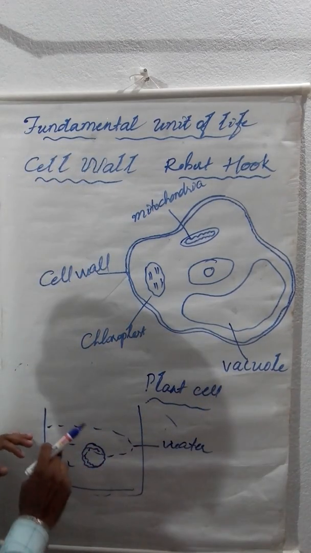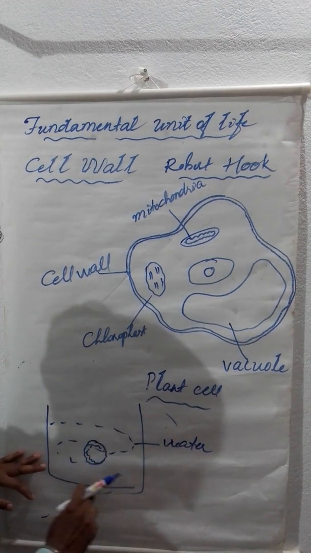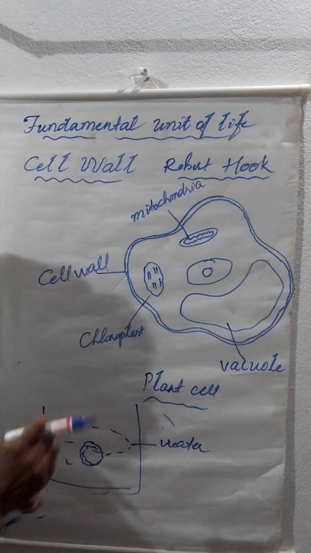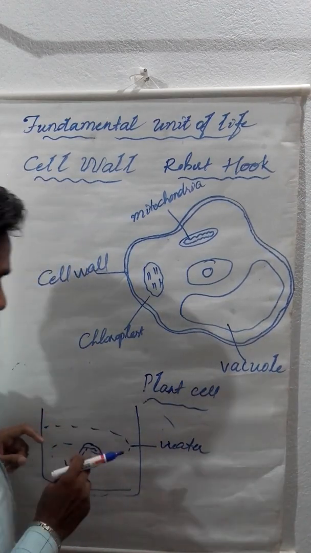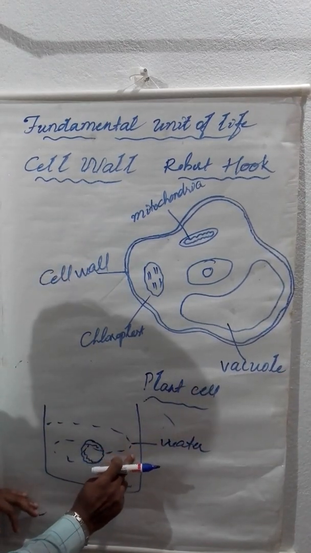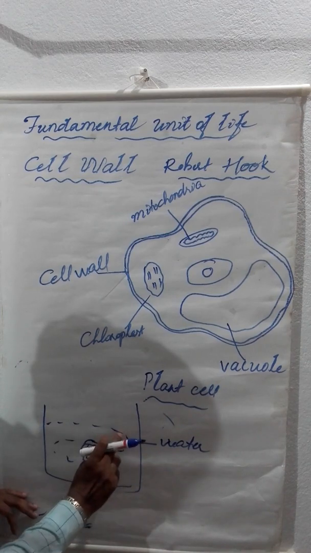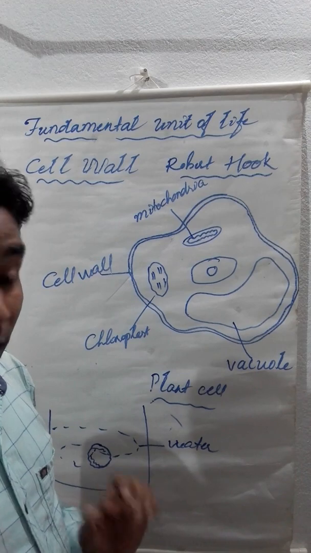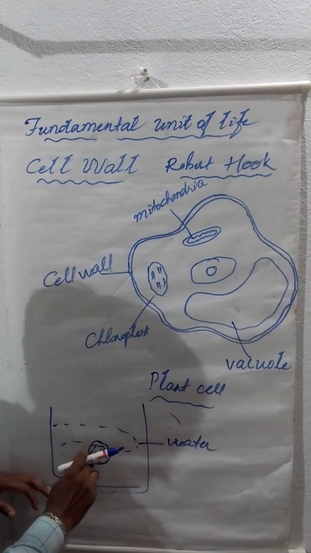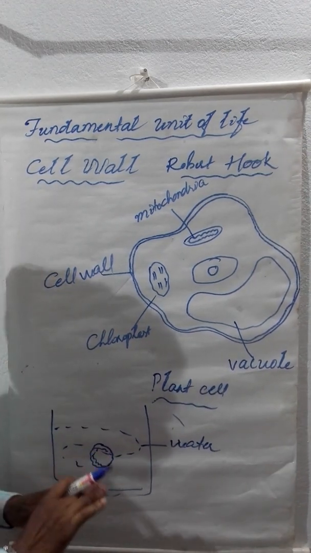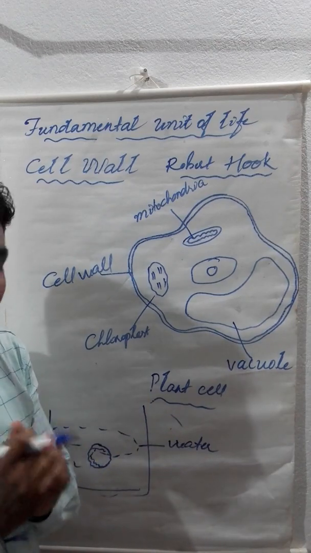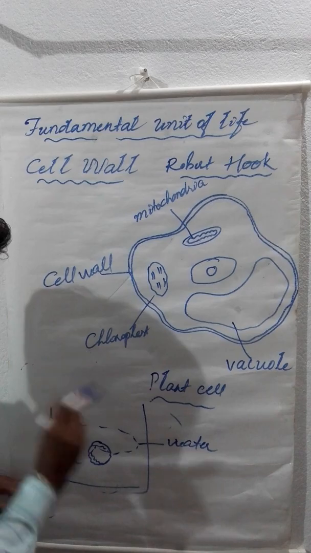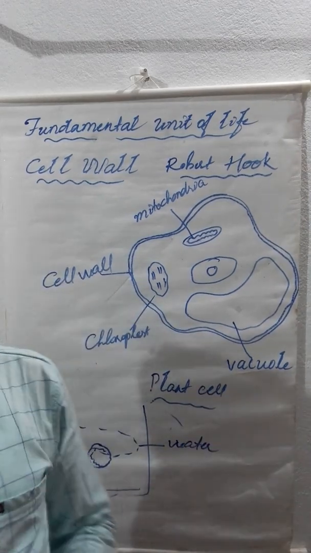Hypotonic solution means the outer environment content is more as compared to the cell. So at that time the water starts to move from the higher region of concentration to the lower region of concentration. At that time the inner part of the cell starts to swell, but due to the presence of the rigid cell wall, it can help to prevent further bursting.